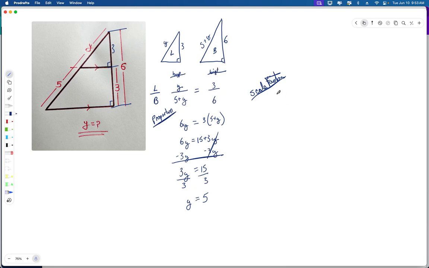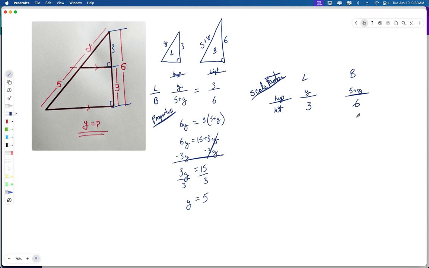So we're going to say the hypotenuse versus the height, and then we're going to have the little triangle. The hypotenuse is y, and the height is 3. And in the big triangle, the hypotenuse is 5 plus y, and the height is 6.